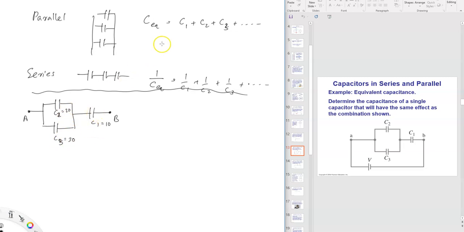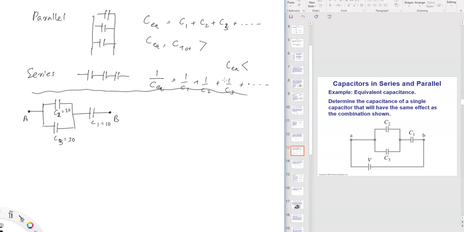One more thing, going back here, if the capacitors are parallel, you see that the equivalent is the sum of the capacitors. So CEQ or C total will be bigger than any of those capacitors because it's a sum. Over here, in the series system, if you check the math carefully, CEQ will be less than any of the single capacitors, right?